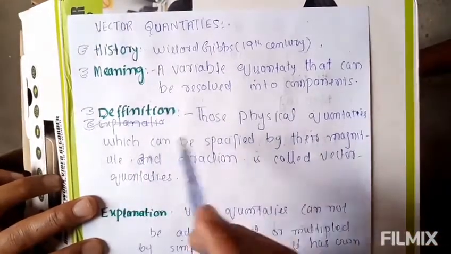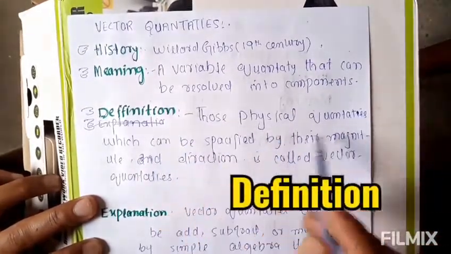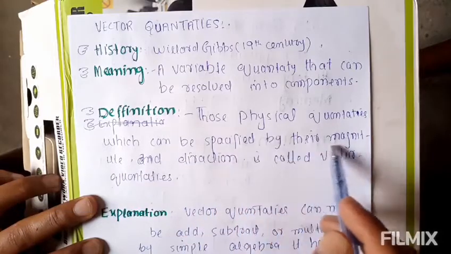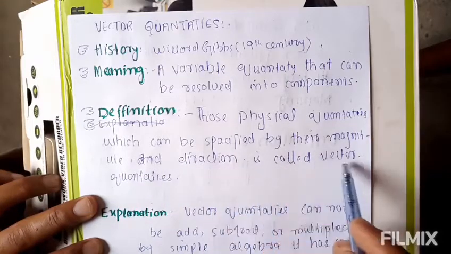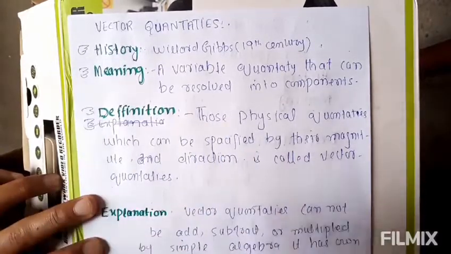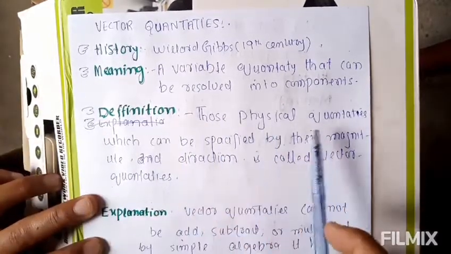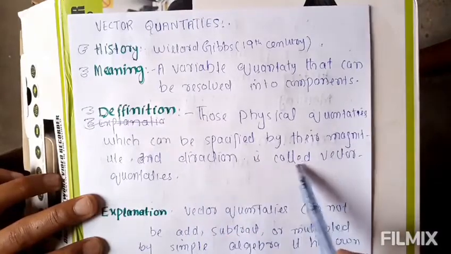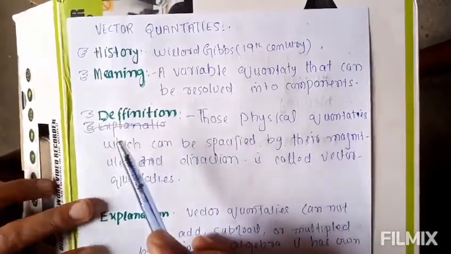Now the definition: those physical quantities which are specified by both magnitude and direction are called vector quantities. The scalar quantity has only magnitude, but the vector quantity has magnitude as well as direction.